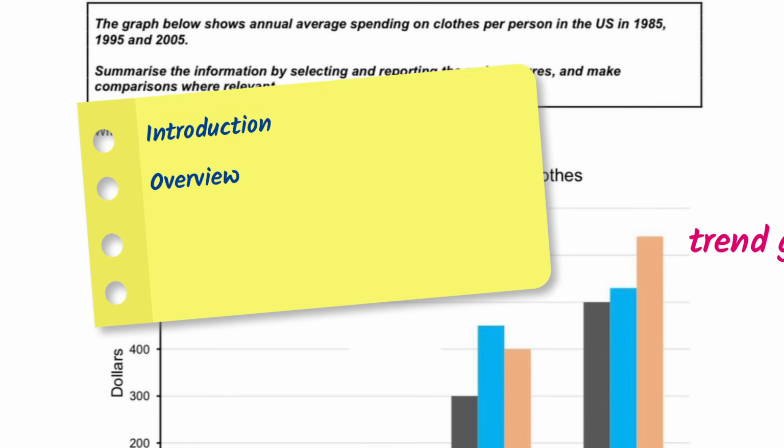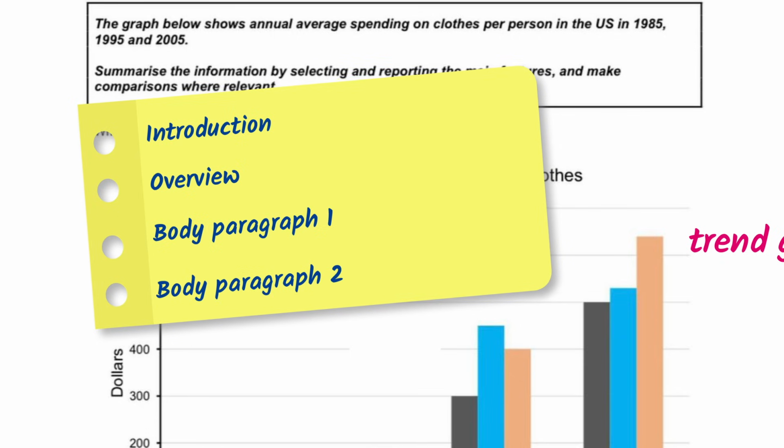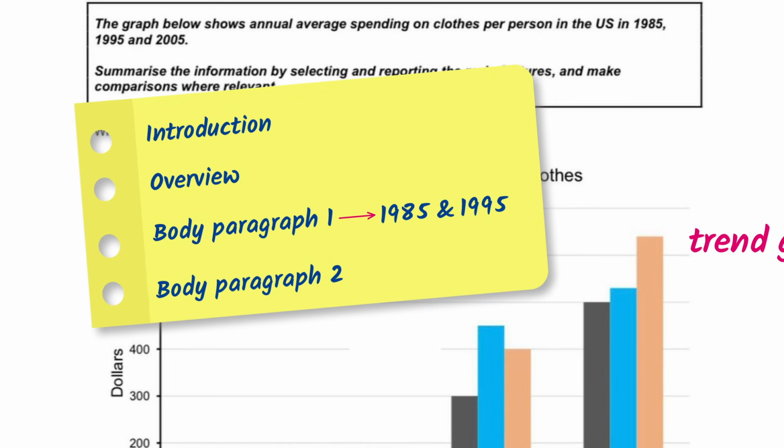And for writing our first body paragraph and second body paragraph, we should categorize data. For our first body paragraph, we can write about 1985 and 1995. And for our second body paragraph, we can write about 2005.